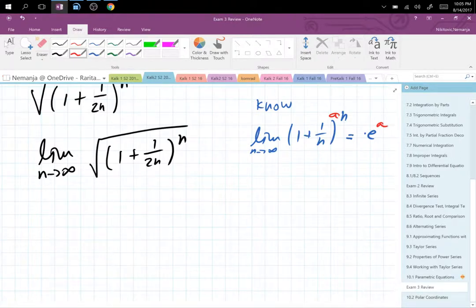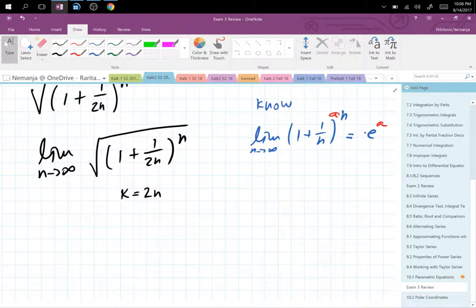So, I'm proposing a little substitution. How about we say that k is equal to 2n? See what happens, right? And also, I know that this square root is the exponent one half, which will make this n over 2.